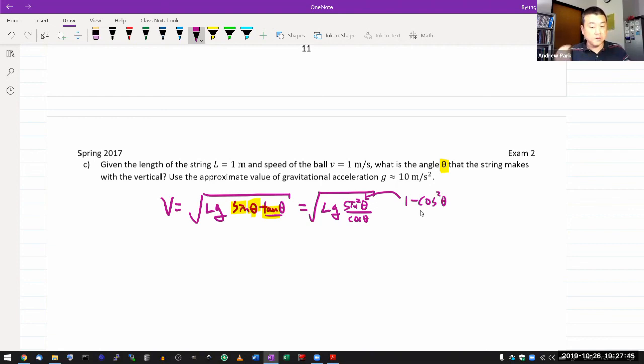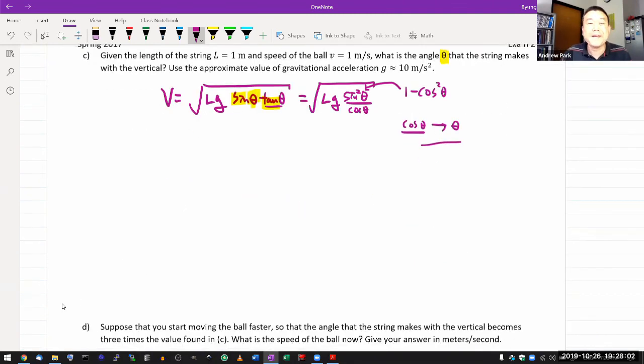And then I think you can finish by solving it for cosine theta. And once you solve it for cosine theta, you can get to theta using arc cosine. So there's quite a bit of math involved here. That's why you are given plenty of space, so I think most people can work that out on their own.